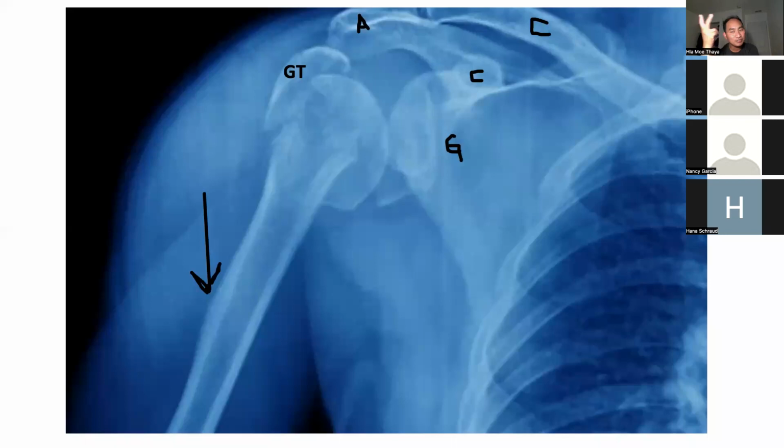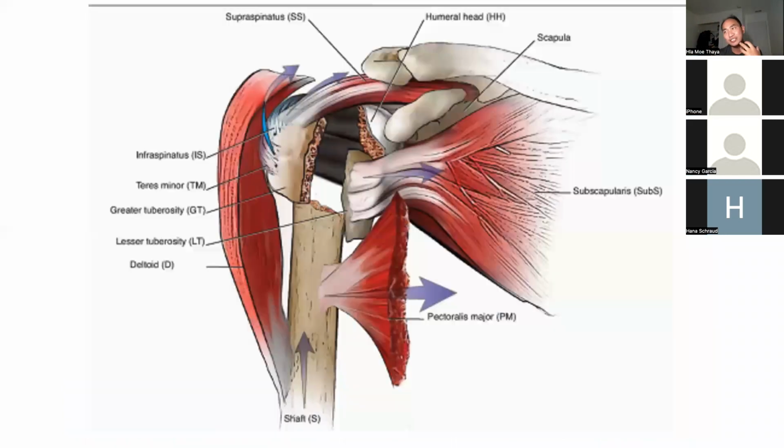So if we try to interpret this X-ray with our anatomy knowledge, this is what's happening here. The rotator cuff muscles, supraspinatus, infraspinatus, and teres minor, attach to the greater tuberosity. The subscapularis attaches to the lesser tuberosity. The pectoralis major muscle attaches to the proximal humerus, and the deltoid muscle attaches to the diaphysis of the humerus.